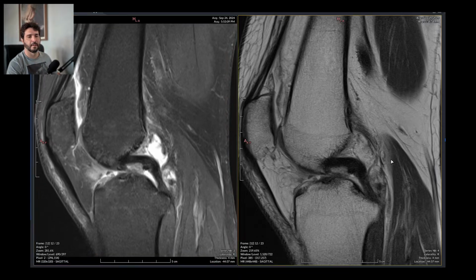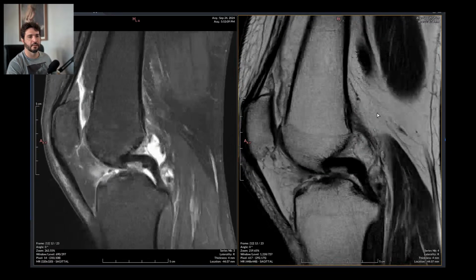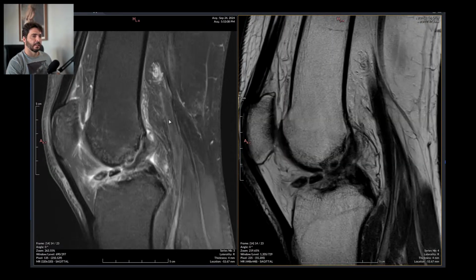There we go. So this is sagittal PD with fat saturation. This is sagittal T1. This is for morphology. This is for pathology. So I have a protocol for reading knees. I go from sagittal to coronal, and then I go axial.